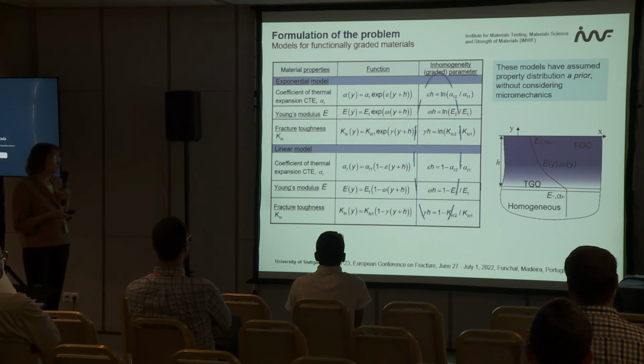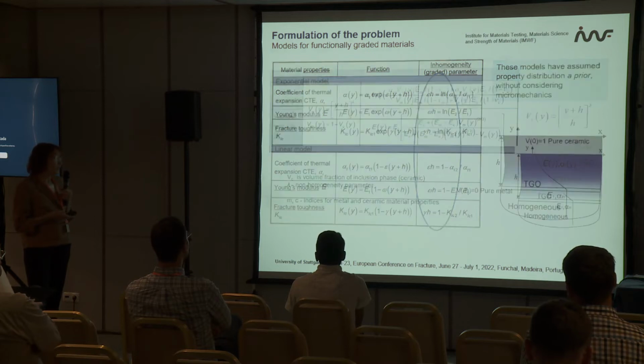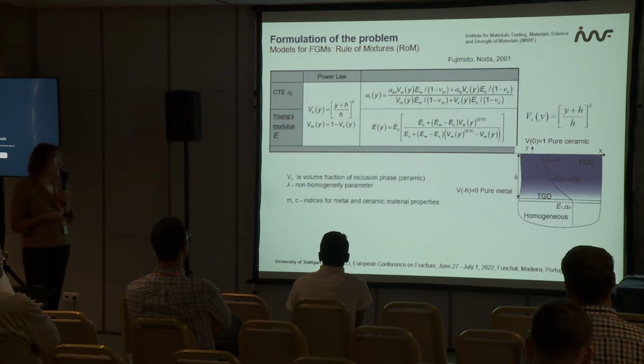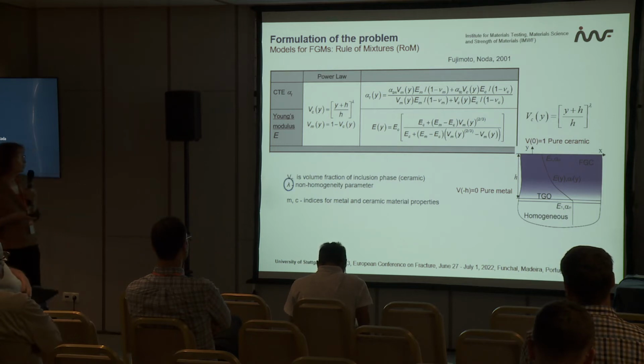In this case, the non-homogeneous coefficient or graded coefficient is simply defined by these formulas. Another way is using the rule of mixtures. In this case, we consider the volume fraction of the inclusion phase and a non-homogeneous or graded parameter, lambda.